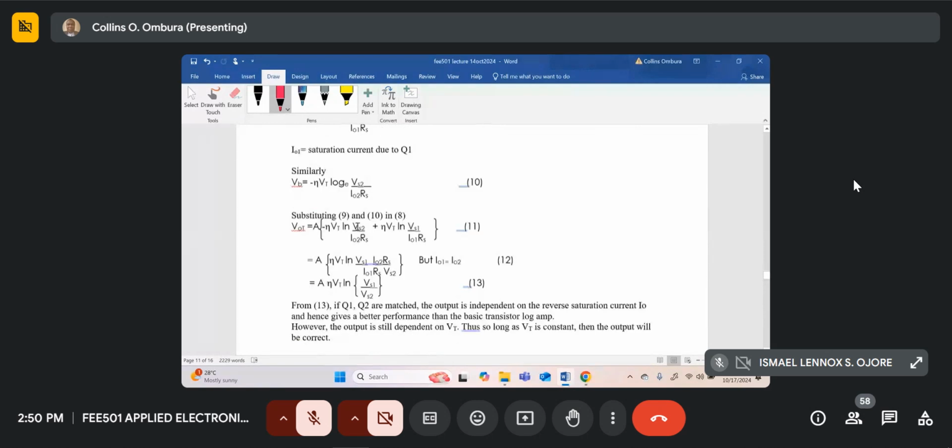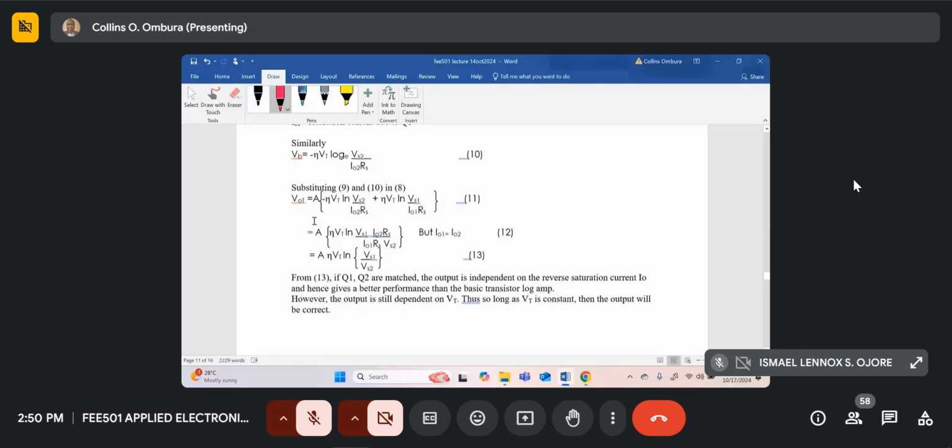So from equation 11, V naught total is A into brackets, VB is this equation 10 over here, minus neta VT natural log VS2 over I02 into RS. I've taken a shortcut here.